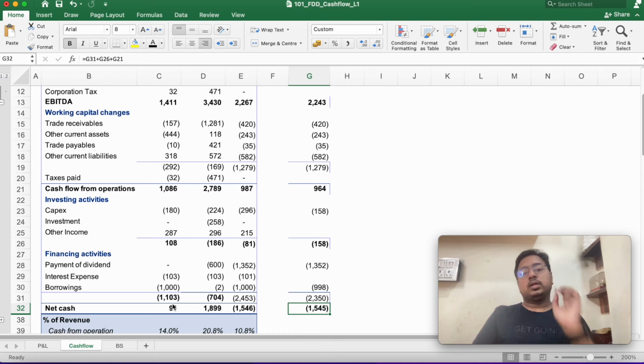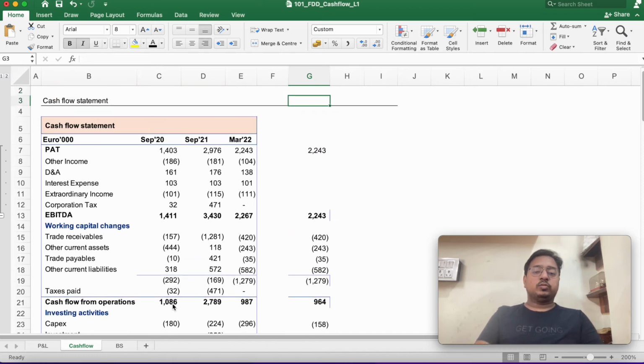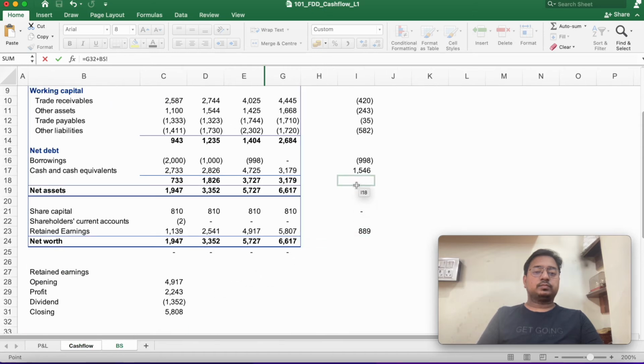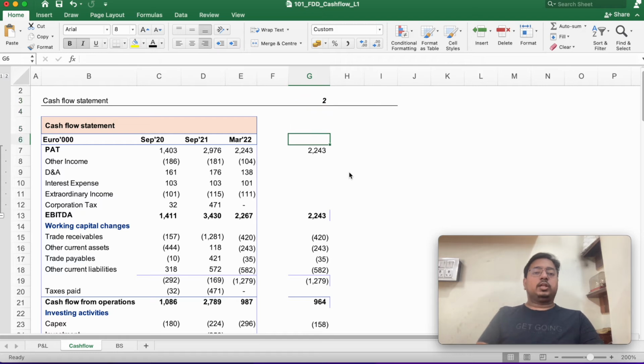As you can see, our cash flow is matching, and bear with me for the one or two casting type of differences. So I'm just gonna put a check here.